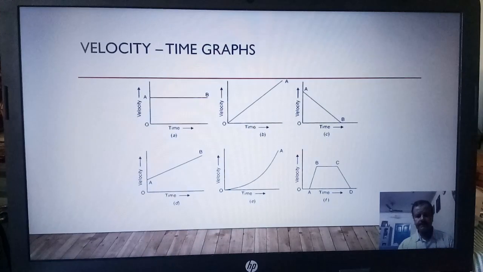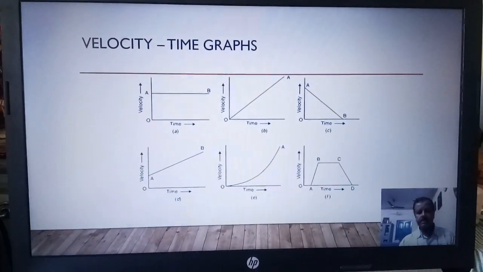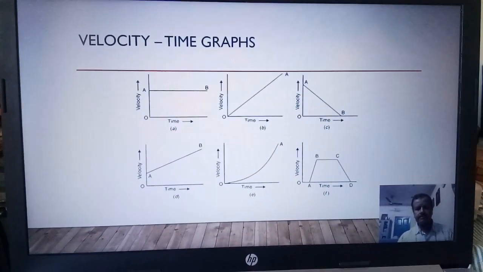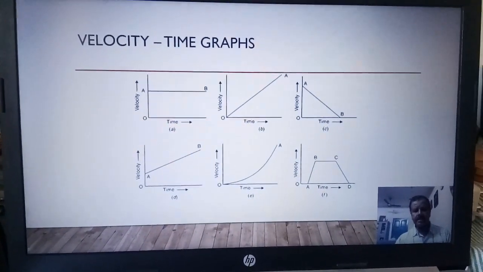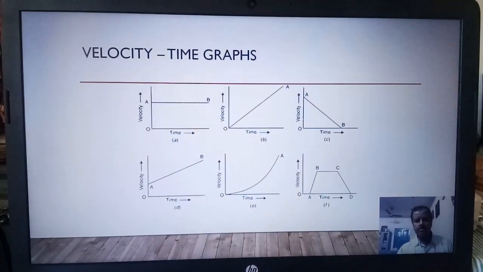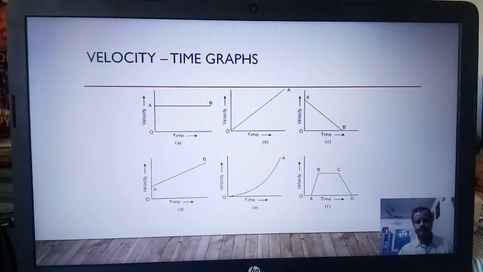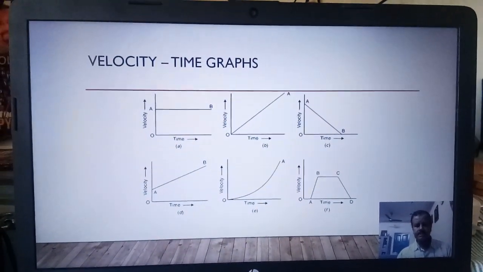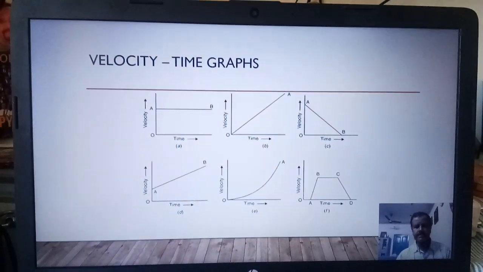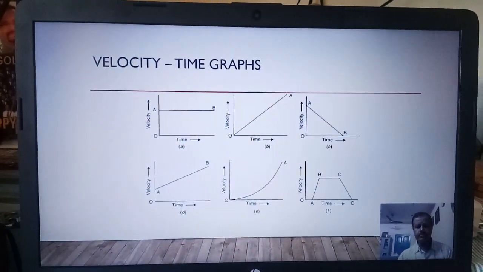The next one, you can see, is an inclined straight line graph. The graph is a straight line originating from O, that is 0, and it is increasing as straight line OA, and velocity is increasing in equal amounts in equal intervals of time.